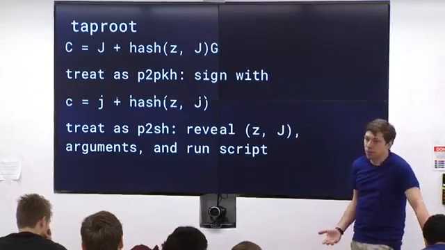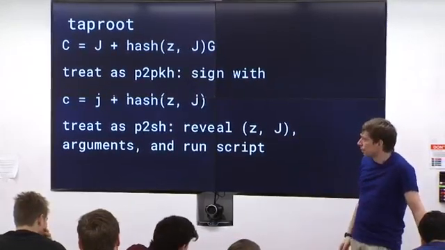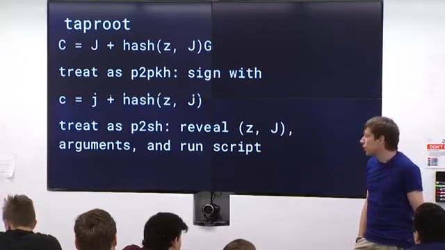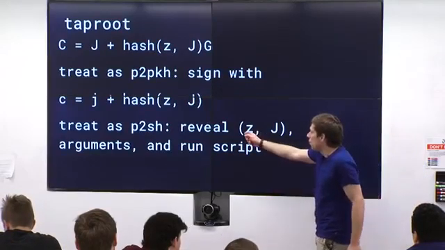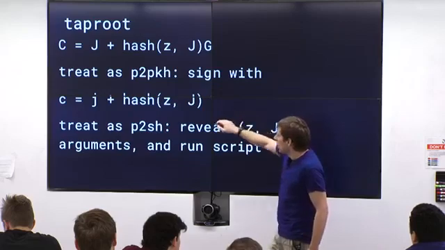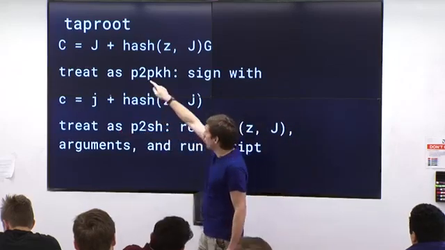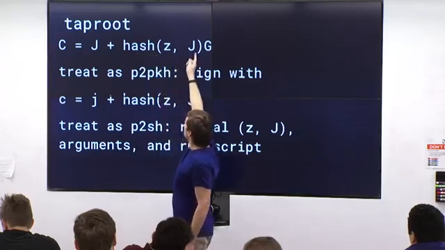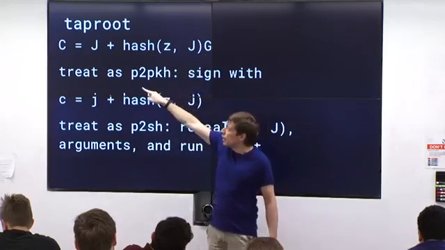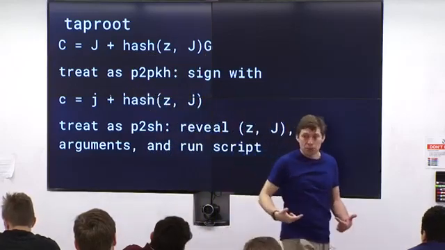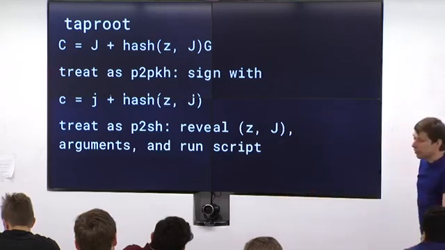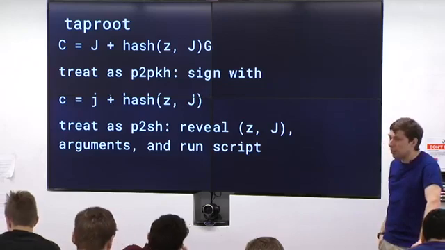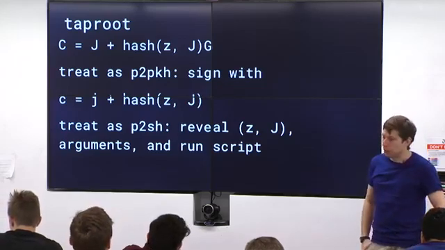Maybe there was a script in there, maybe there wasn't, can't tell. However, if I want to reveal, hey, actually this time I'm using the script, I reveal J and Z, and everyone computes: if I add j to the hash of z and j times g, does that equal c, the key that is in the output script itself? And if it does, cool, that was a valid proof that you actually committed to z. And now I run the script z.